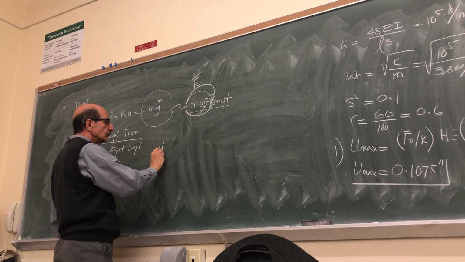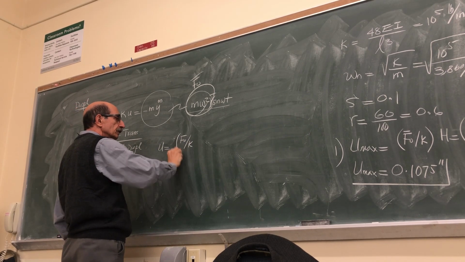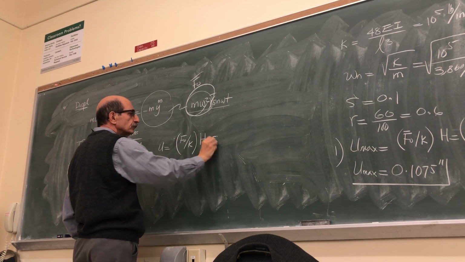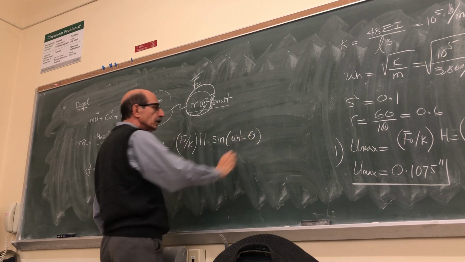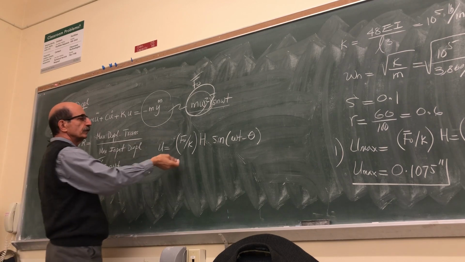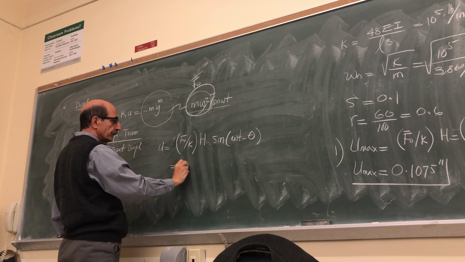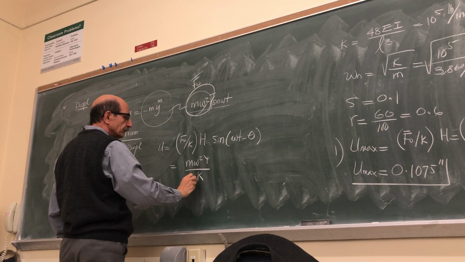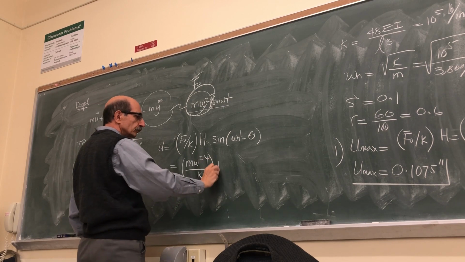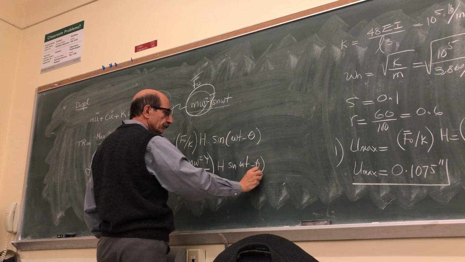You do the same thing, okay? Your U, in this case, would be F0 over K times H sine of omega t minus theta, where F0 over K is this. In other words, this would be M omega squared Y divided by K times H sine omega t minus theta.